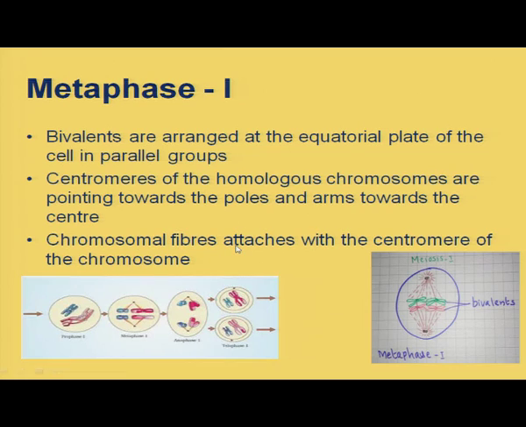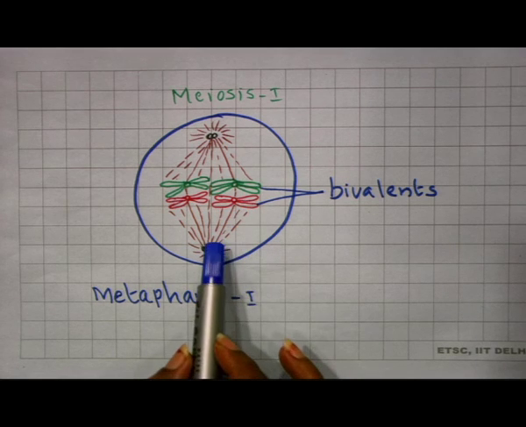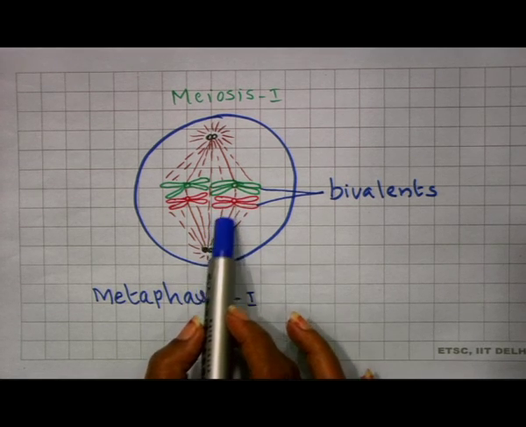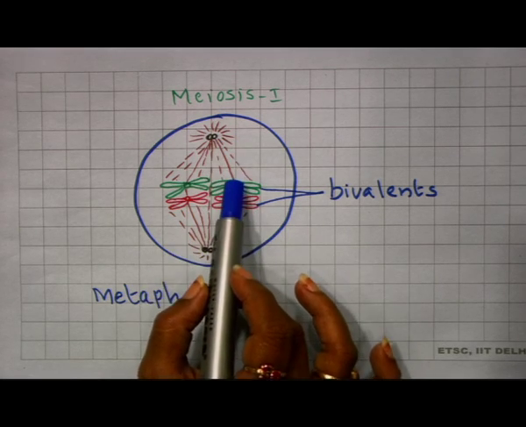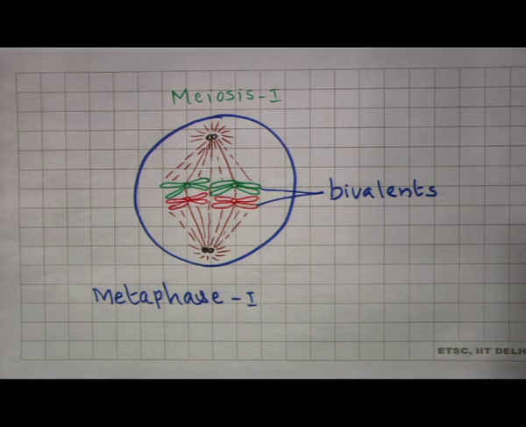Chromosomal fibers: the spindle fibers that attach to the chromosome are known as chromosomal fibers. The chromosomal fibers attach to the centromere of the chromosome. Here you can see the centromere and the chromosomal fibers attaching to the centromere.